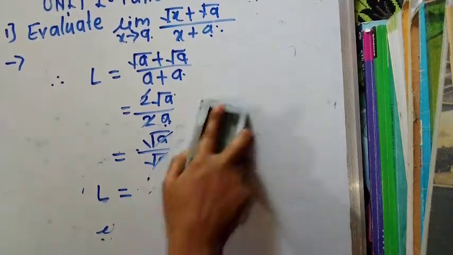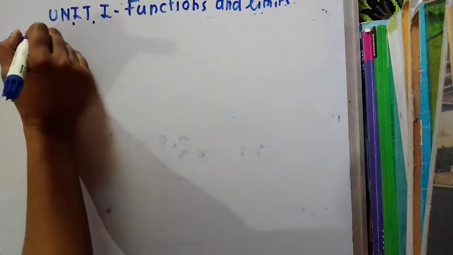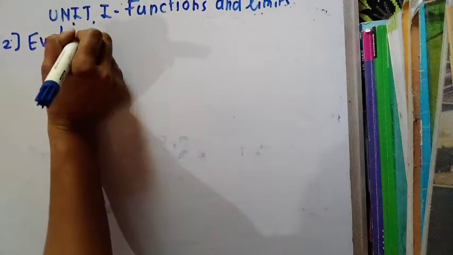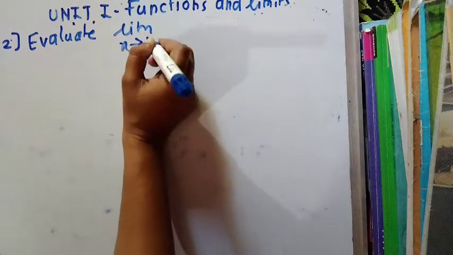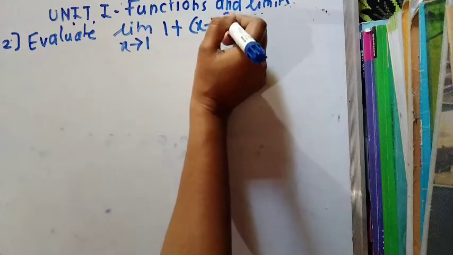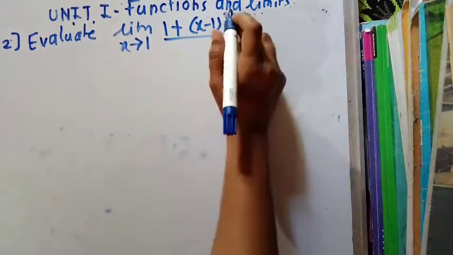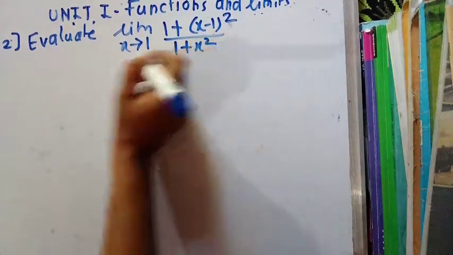Then let us take the second example. Example second: evaluate the limit x tends to 1 of 1 plus x minus 1 squared divided by 1 plus x squared.